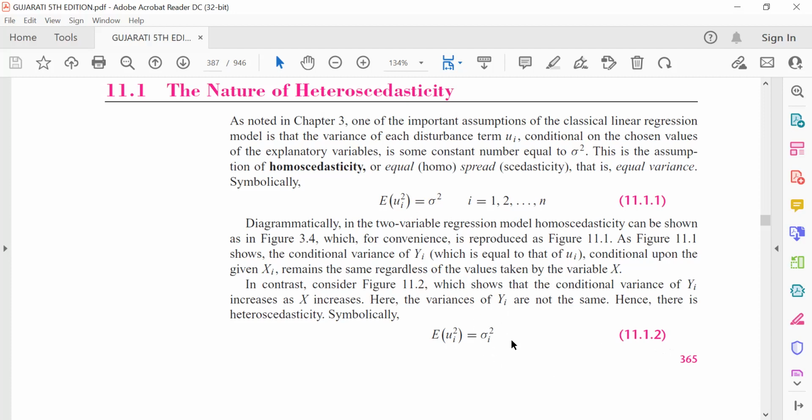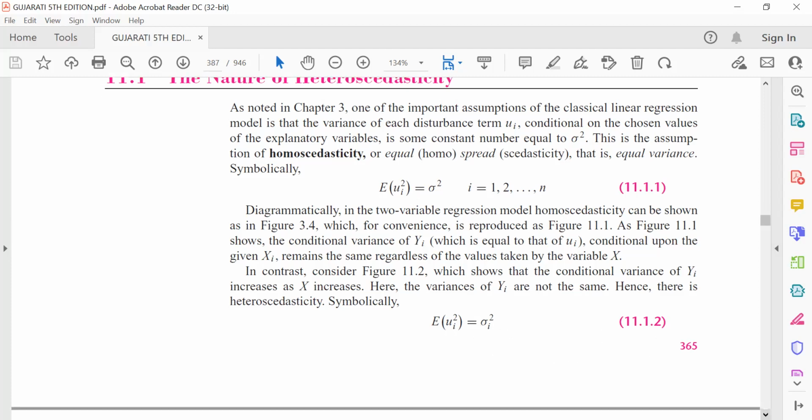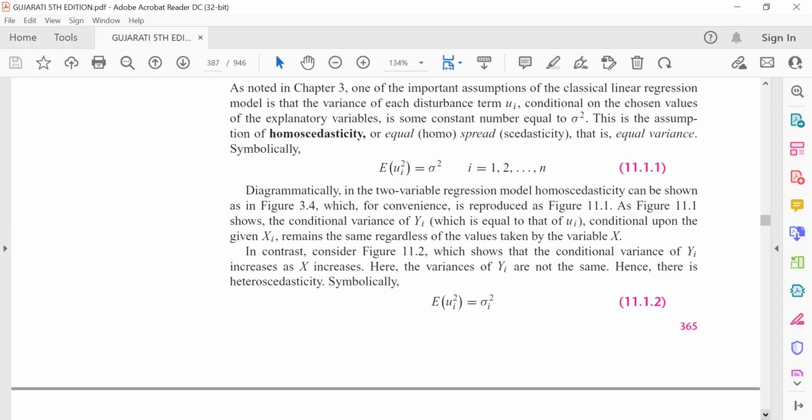If there is an i, this means the variance changes from the first observation until the end of the observations. This means one of the assumptions of the classical linear regression model is violated if there is heteroskedasticity, as stated in equation 11.2.